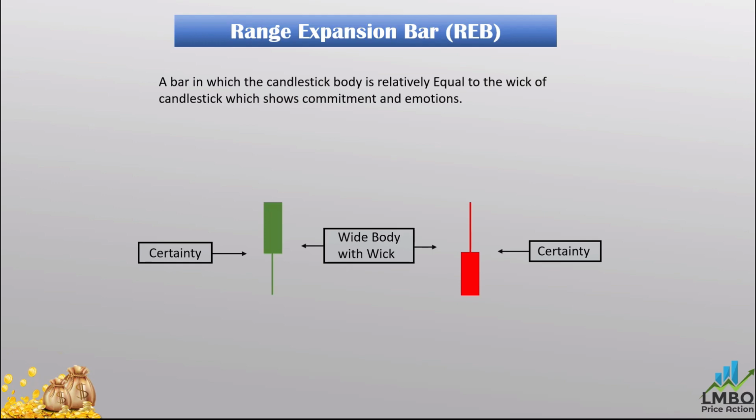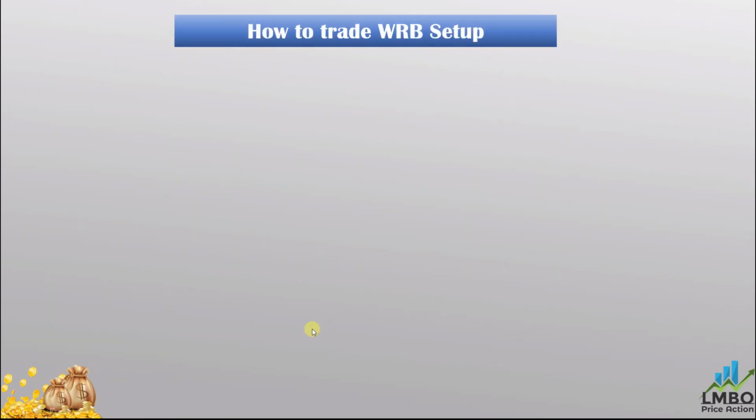Now we are going to understand the setups of the WRB system, how to trade the WRB system. You will find the buy setup like this. Once you find a big green candle, which is called the WRB, you need to draw a level at the bottom and a level at the top, so you fix the range of the WRB candle.